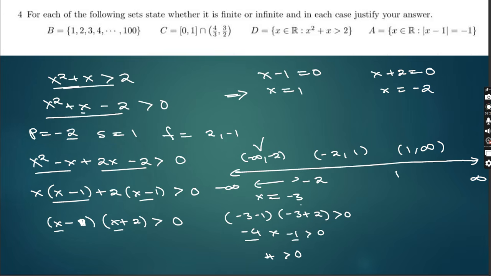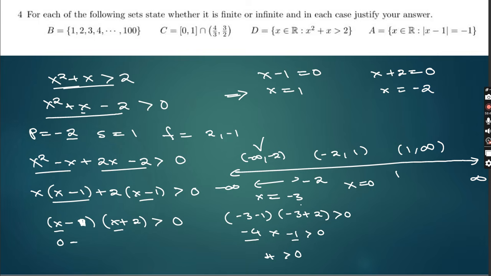Let's check the interval in between here. As usual, we are going to take a number between -2 and 1. Guys, you should take note of what I'm saying here, because you are going to apply it very soon. I choose a simple number, x is equal to 0. Where there is x, I put 0.